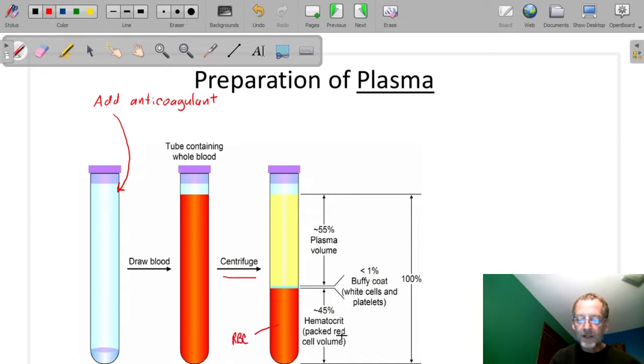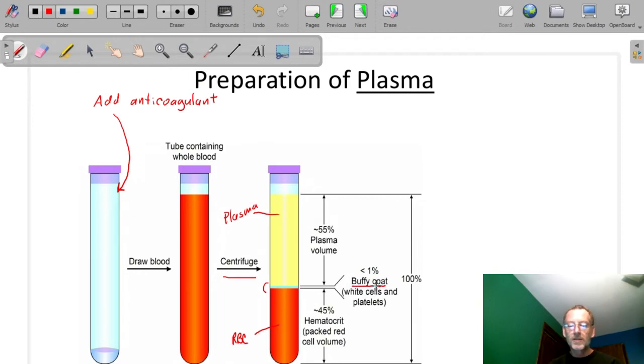So there are red blood cells, and then the top is the plasma. So you've separated the red blood cells, pulled them out, and in between the two, the red blood cells on the bottom, the plasma on the top, is this very thin layer that's referred to sometimes as the buffy coat.